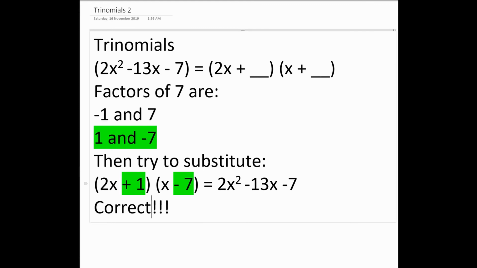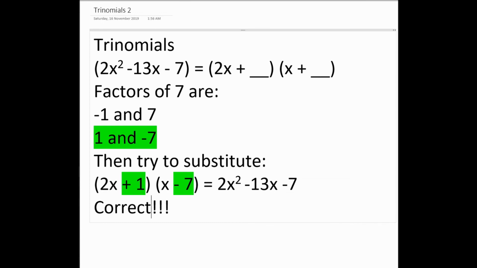So basically, what we're doing here is looking at the factors of the first term of a trinomial and the factors of the last term, and then we do trial and error to check if it will result in the second part of the polynomial.